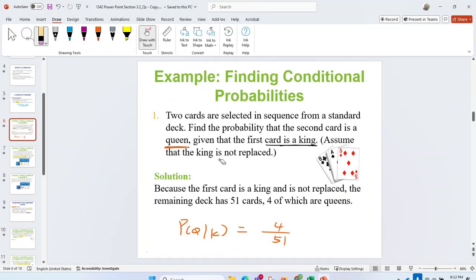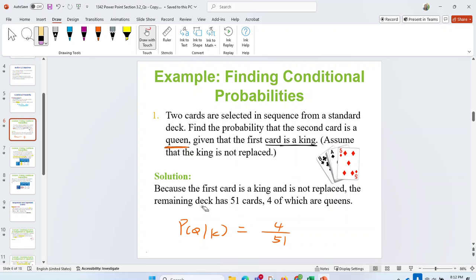Okay, so you have two cards selected in a sequence. That means you select one and then you select another one. You want to find the probability that the second card is a queen, given the first card is a king.